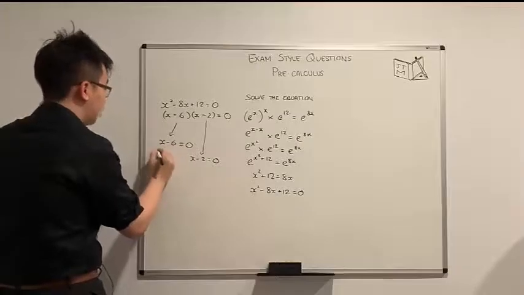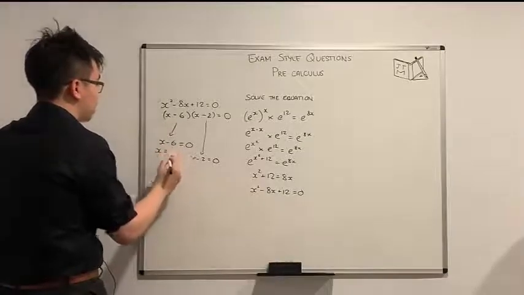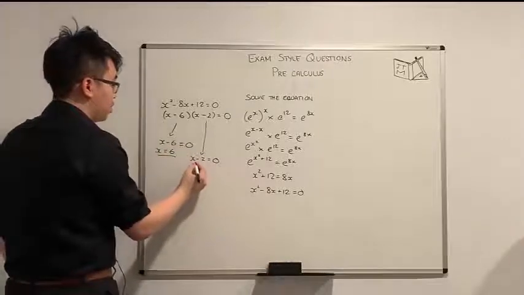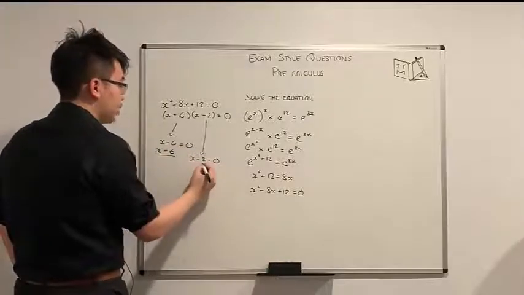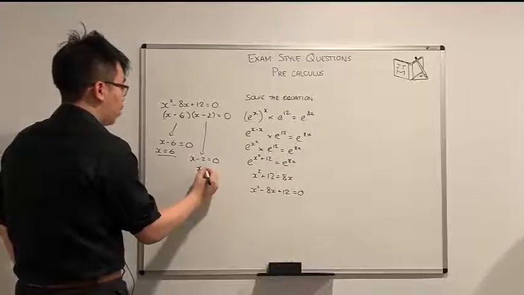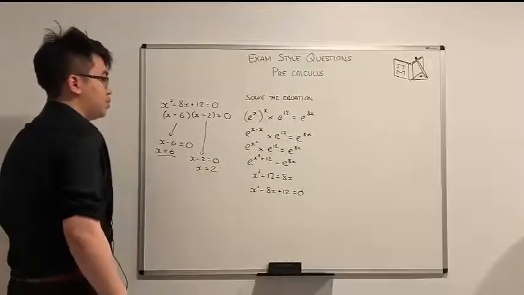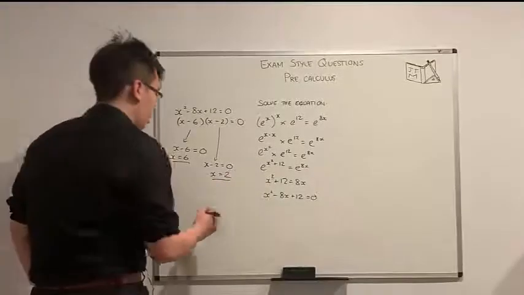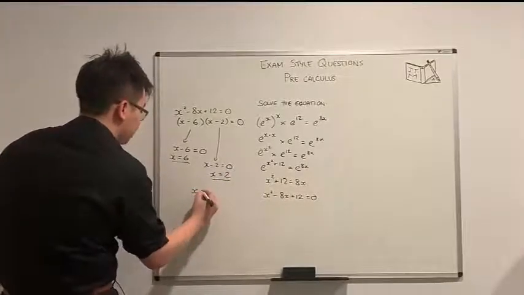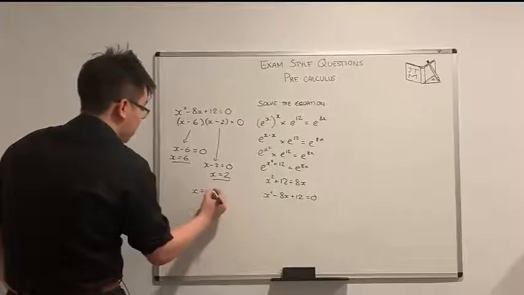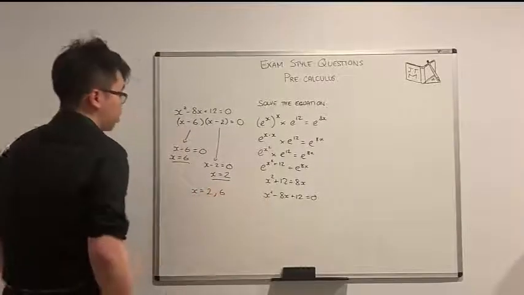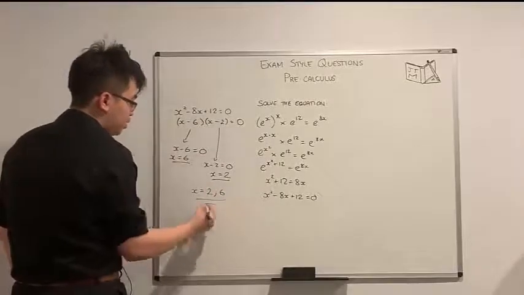With this one, we move the minus 6 to the right side, x equals 6. And with this one, we move the minus 2 to the right side, and we're left with x equals 2. So finally, I can say that x is going to be equal to either 2 or 6. And this is my final answer.